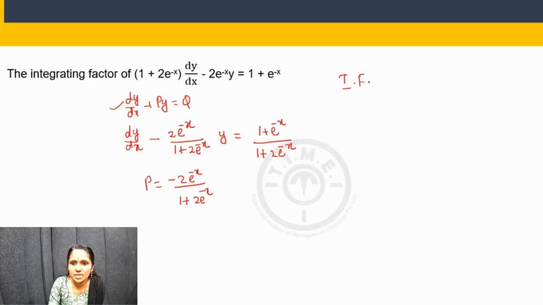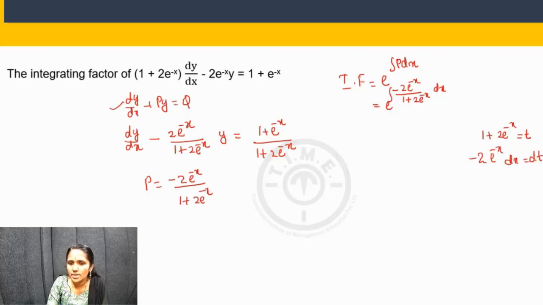Integrating factor is equal to e raised to integral P dx, where P is minus 2 e raised to minus x divided by 1 plus 2 e raised to minus x. To integrate this, we can substitute 1 plus 2 e raised to minus x as t. Now take the derivative, we will get minus 2 e raised to minus x dx is equal to dt.